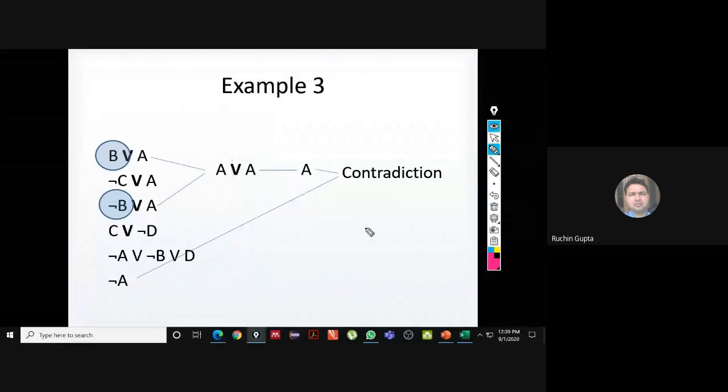So you see that this is one, this is another, and all these are the other propositional statements.